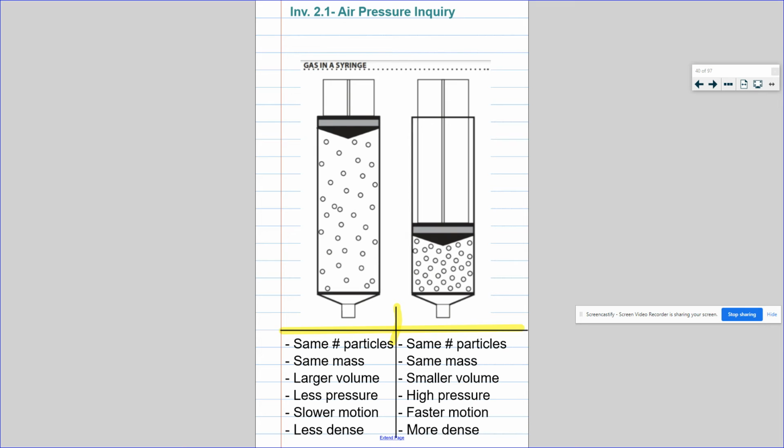And the last thing to write down has to do with their density. So since the first picture has more space between the molecules and particles, that is less dense. And since the second picture has less space between the particles, that means it's more dense.